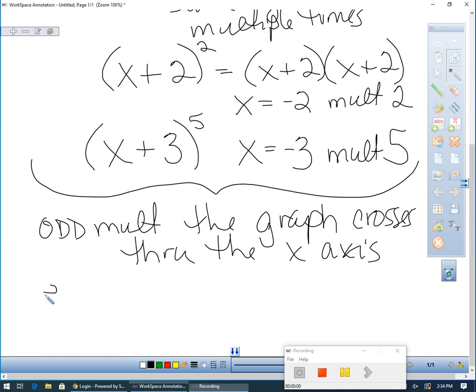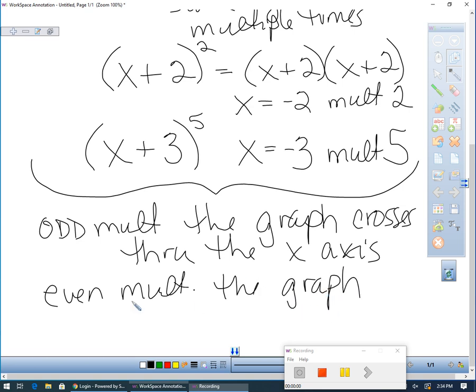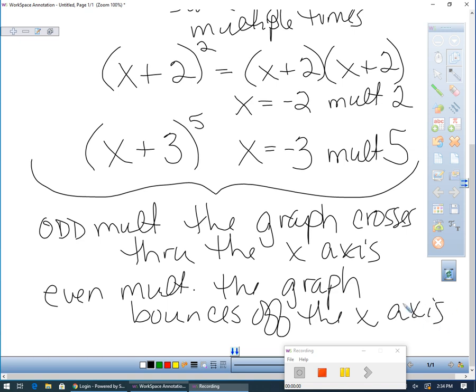If you have an even multiplicity, the graph bounces off the x-axis. Okay?